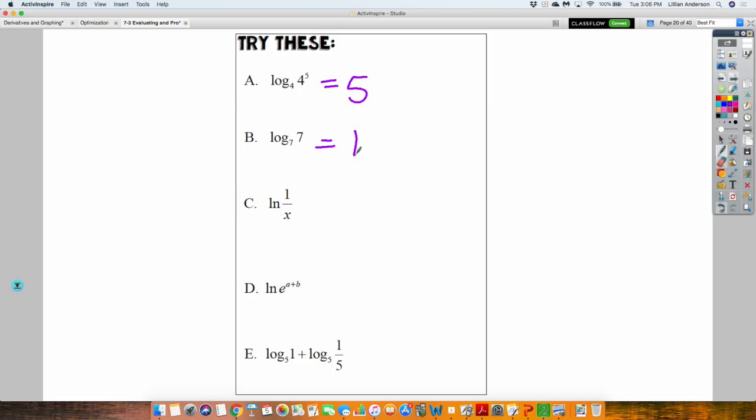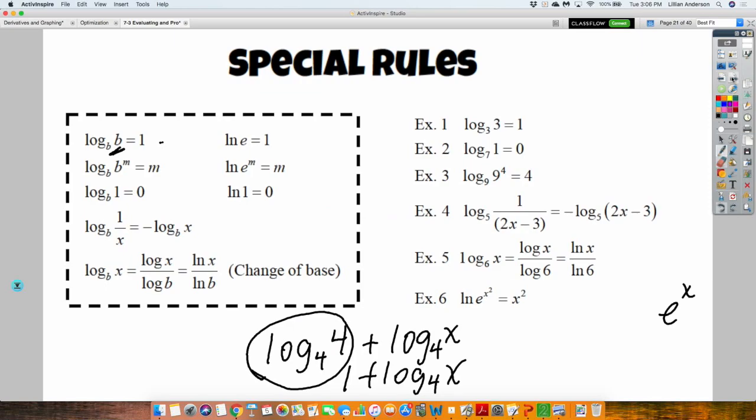If you ever forget, you can rewrite it in exponential form. ln of 1 over x is negative ln of x. Even though that rule had log, it still applies to the ln's as well.